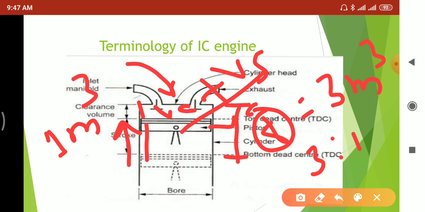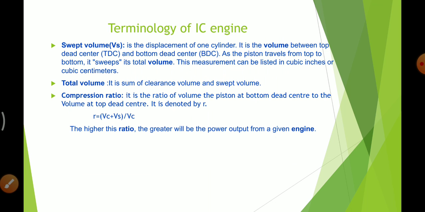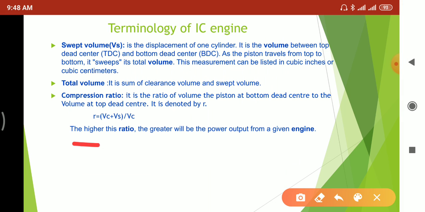So before compressing, what is the volume of the charge, and after compressing, what is the volume of the charge? That is the compression ratio. As the compression ratio increases, the output power from the engine increases. This compression ratio is different for petrol and diesel engines, and that will be explained in the next video. Thank you very much.